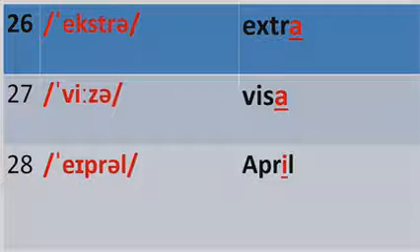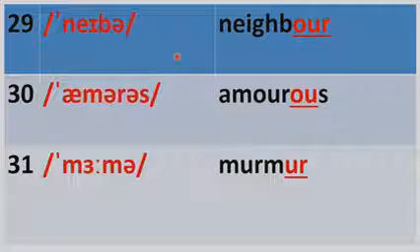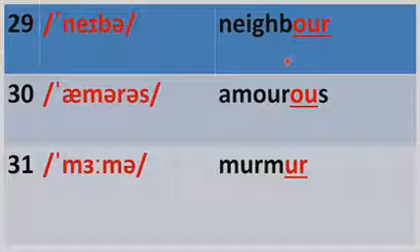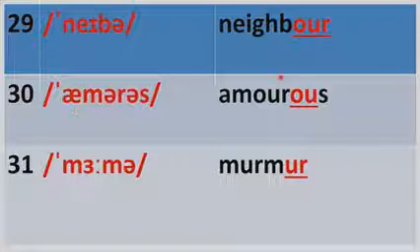Number 29, we consider the spelling O-U-R for neighbor. Say neighbor. When you call it neighbor, you can't know where the stress is. You can't know which one has the schwa, so it is pronounced neighbor. In number 30, we find it in OU, and it is pronounced amorous.